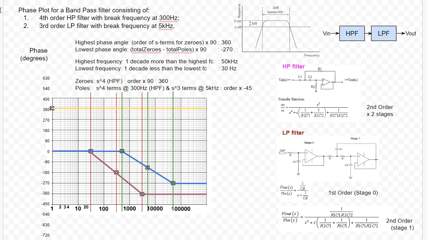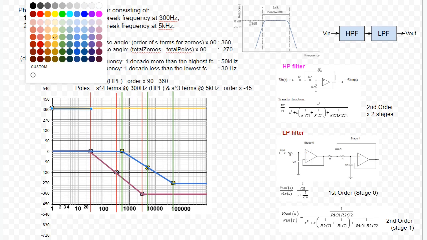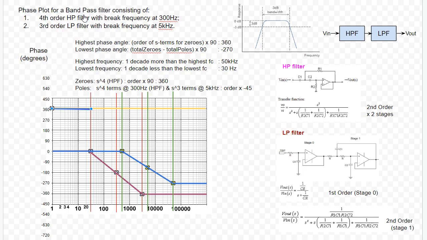So I'm going to put a line there. I'm going to use a different color for this. I think I'll use black. Oh, or dark blue. Oh, I think that's gone under.